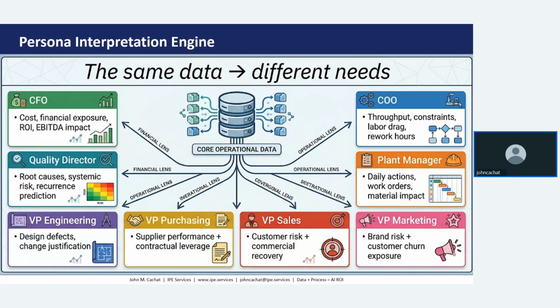How do I escalate it? The functional responses. And I get excited about it because, in short, the persona interpretation engine turns the LLM into a multi-lens reasoning system that doesn't just understand the question, but the perspectives behind the question.